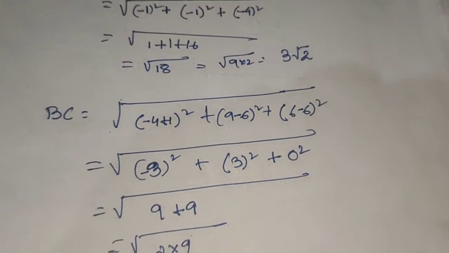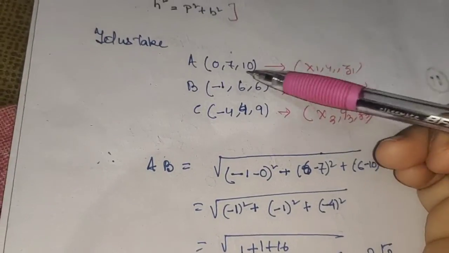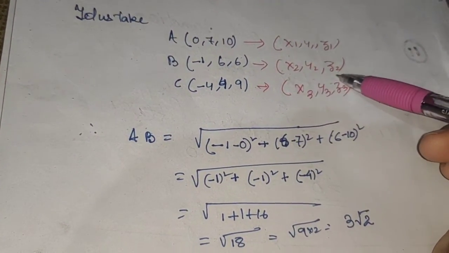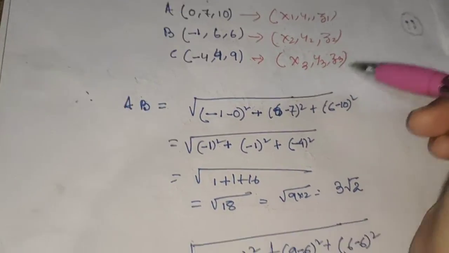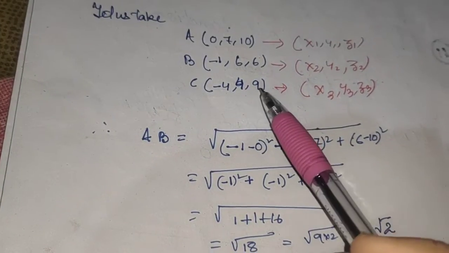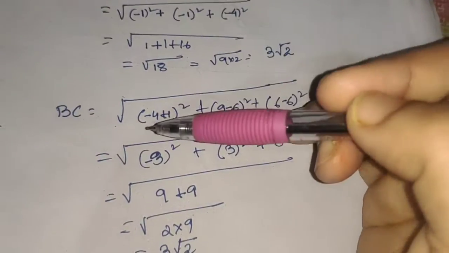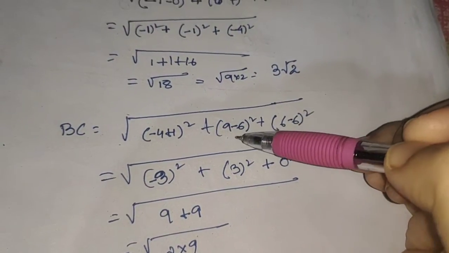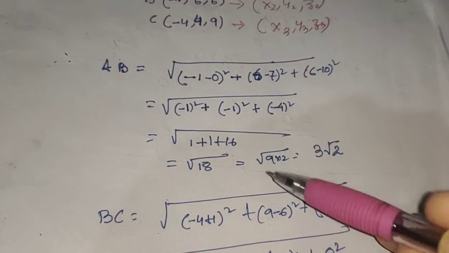Then after that we will find out the value of BC. BC is B and C, that is x2, y2, z2 and x3, y3, z3. So it is x3 minus x2: x3 is minus 4 and x2 is minus 1, so minus 4 plus 1 whole square. Then y3 is 9, so 9 minus 6.